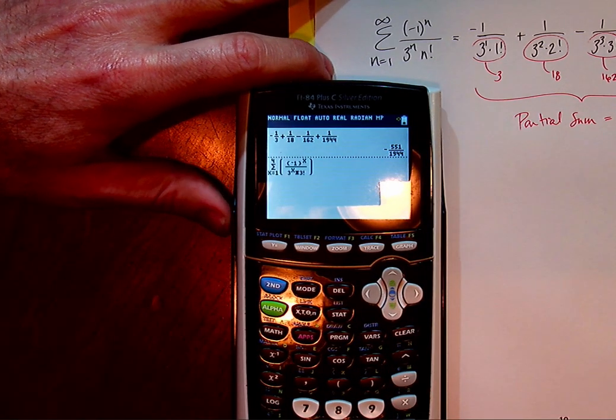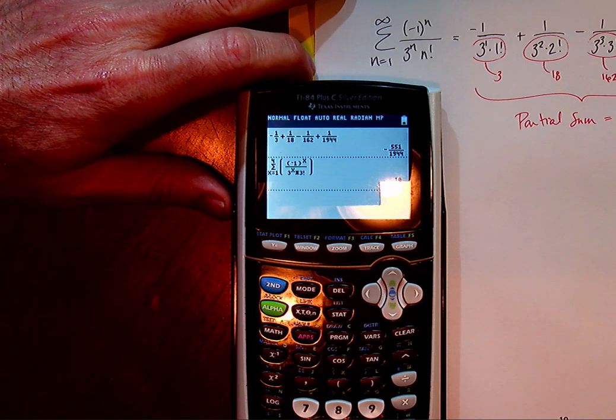And we press enter, and our number is negative 10 over 243.